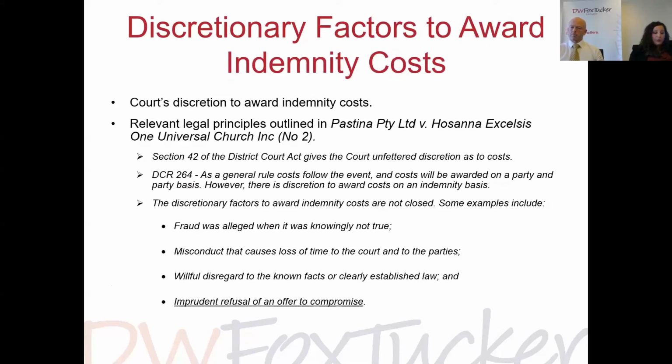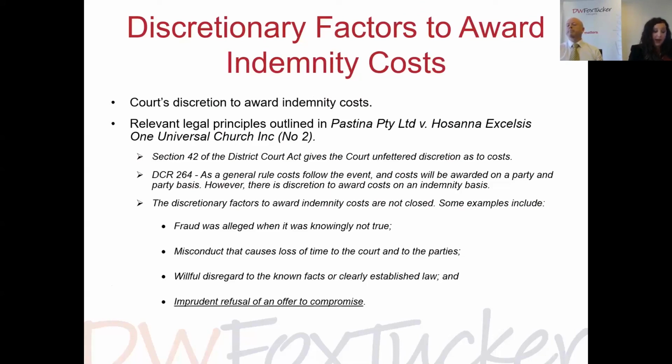So now we're also going to move to looking at the discretion of a court to award costs on an indemnity basis. As I mentioned above, the court has unfettered discretion when it comes to awarding costs. In this particular matter, His Honour looked at the case of Pastina, which outlined the relevant principles of awarding costs on an indemnity basis. The awarding of costs on an indemnity basis is intended to compensate a party fully for those costs that have been incurred.